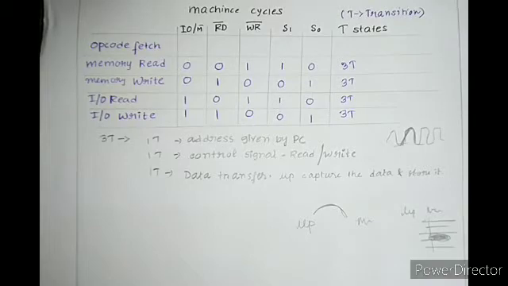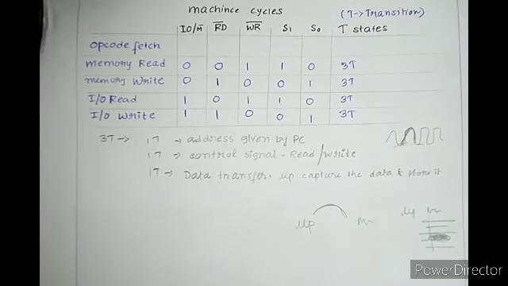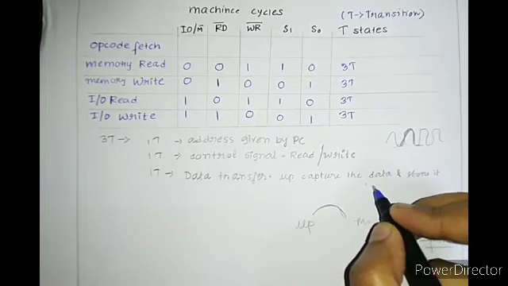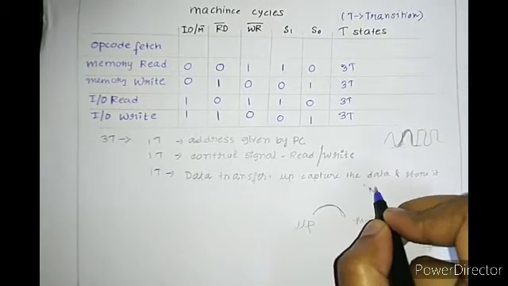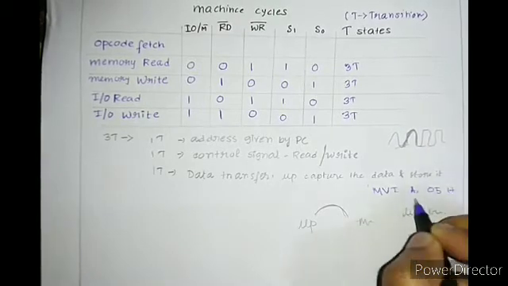Okay, but here comes the tricky one, opcode fetch. You may ask that in the previous diagram we have seen about these 4, so from where does opcode fetch come? If you remember, I have already discussed in the addressing mode videos, any instruction is of 2 parts. Suppose MVI A, 05H.